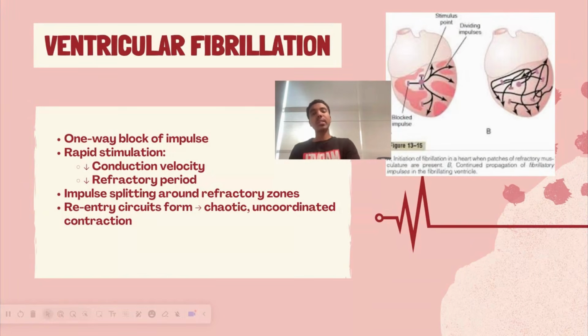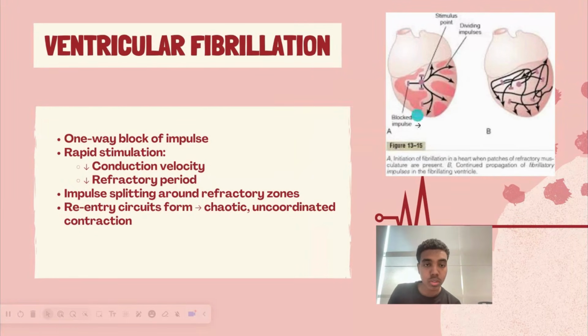Now, what exactly happens in ventricular fibrillation? Basically, we have a stimulus point. Let's look at this diagram. We have a stimulus point, and all the impulses are going to the ventricles.